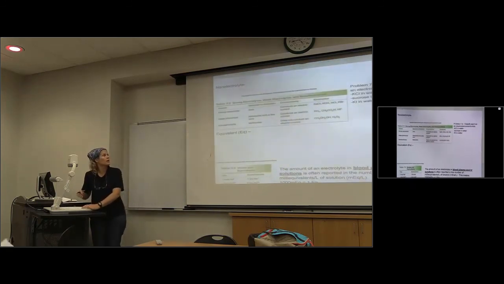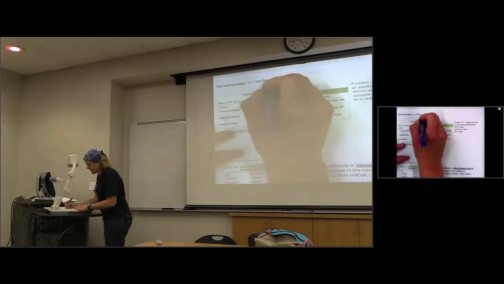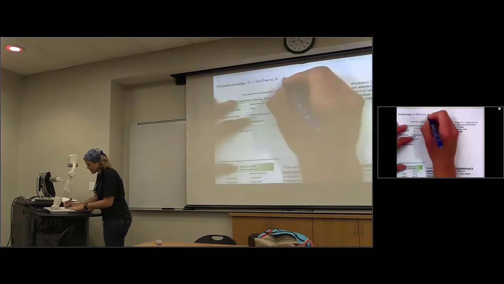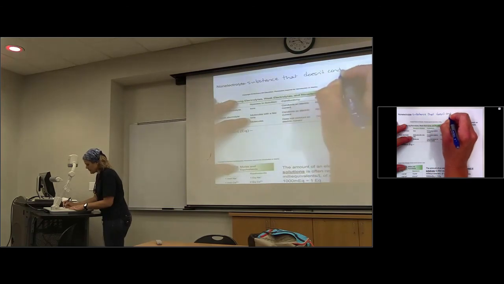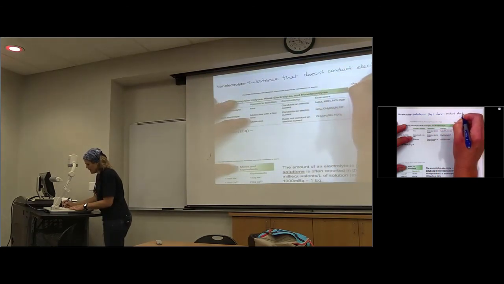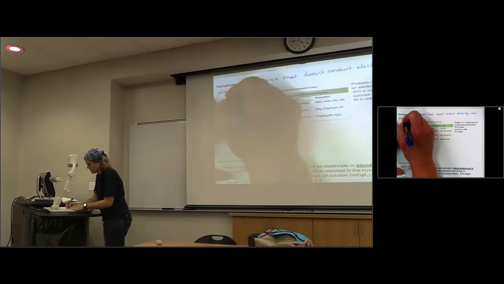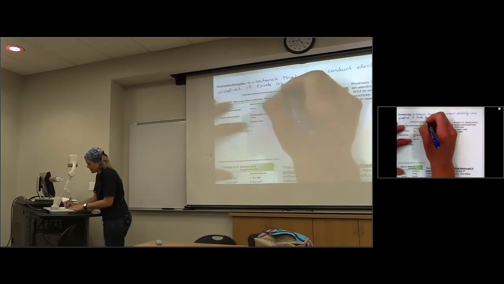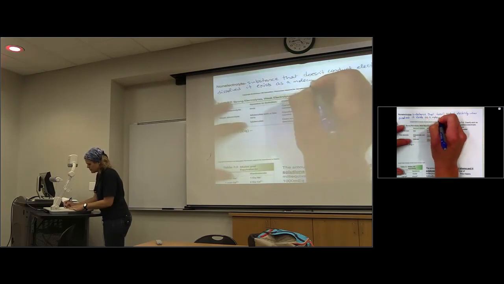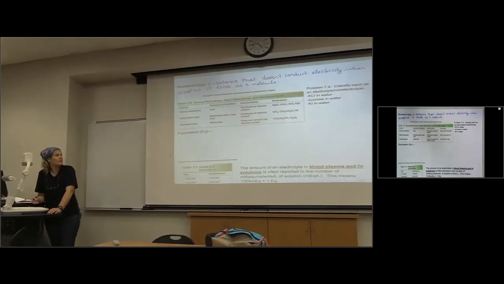All right, the last comment on electrolytes is the non-electrolyte, and I think that's pretty self-explanatory. A non-electrolyte is a substance that doesn't conduct electricity. When dissolved, it exists as a molecule.